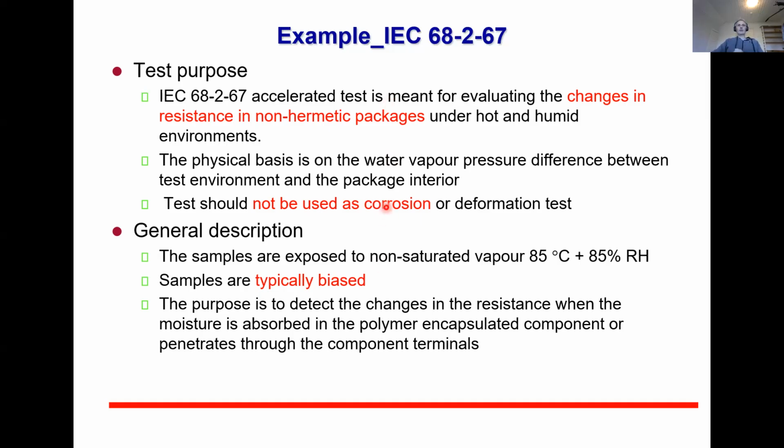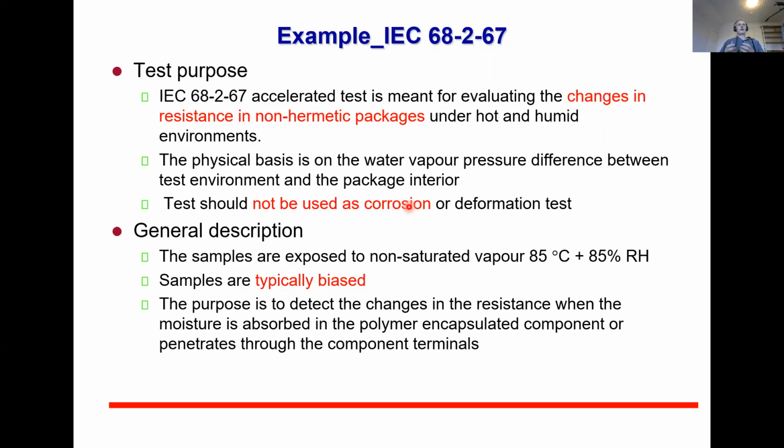Even though really often we see that corrosion plays a major role in the failure. But if the test is run correctly, then the corrosivity comes from the product itself. The impurities are coming from the product, not from the test environment. But still, that kind of shouldn't be accepted.